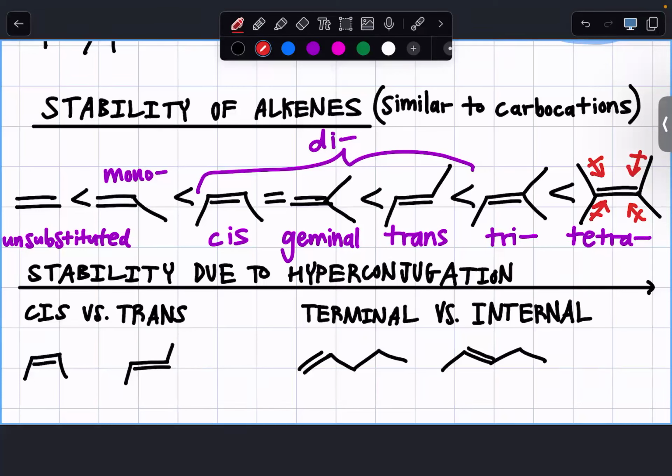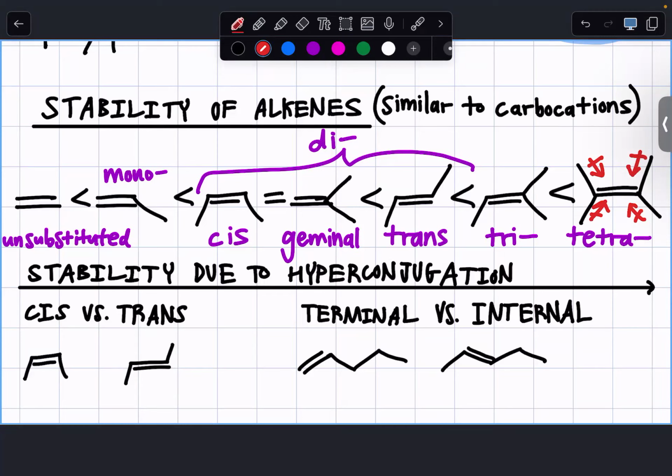And do you guys know the reason why trans is more stable than cis or geminal? Yeah, because of steric hindrance. These R groups here are very close to each other. That means that they are increasing the steric hindrance, making this less stable. Whereas the R groups here are away from each other, decreasing the steric hindrance, making it more stable. Now, the tri-substituted is more stable because there's more hyperconjugation.